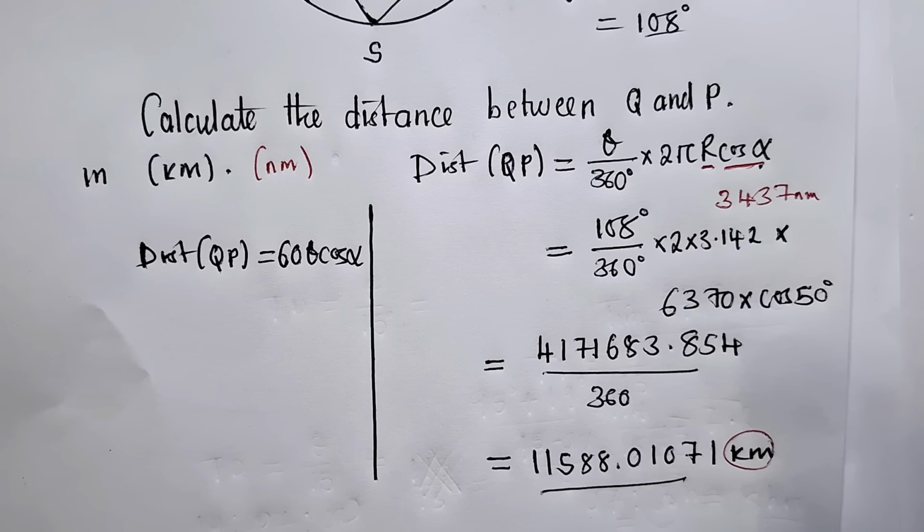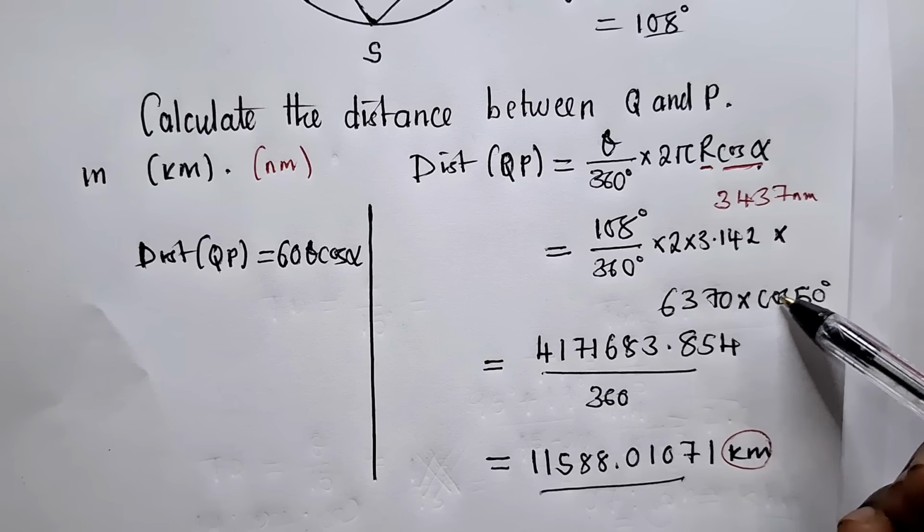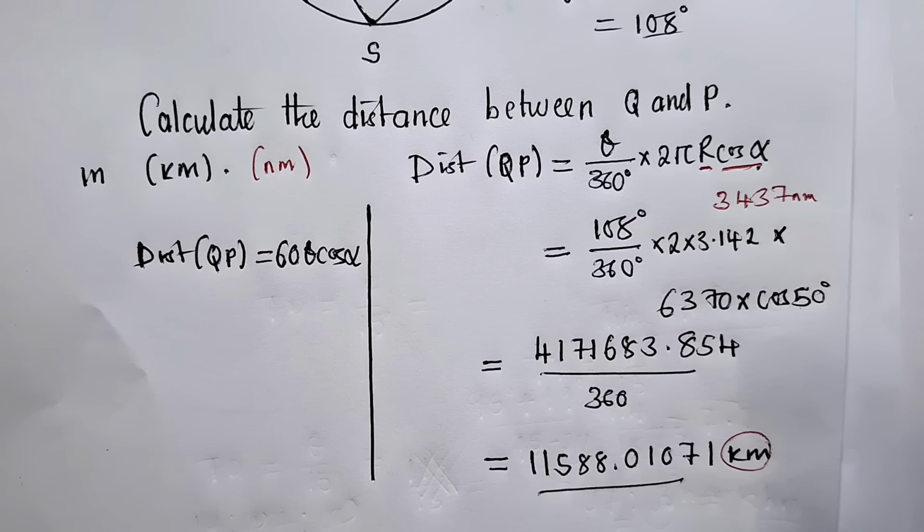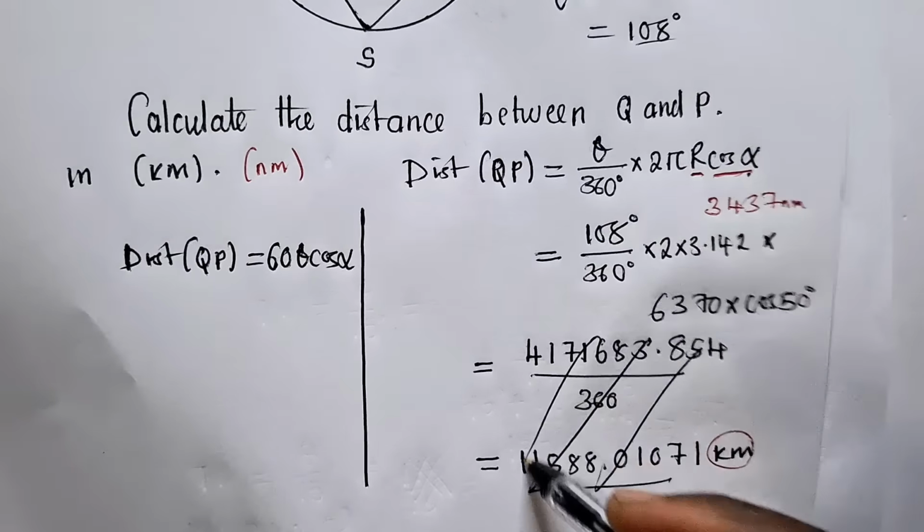So when we work out this, let me move with you from this point here because the calculator was not in degrees. 108 times 2 times 3.142 times 6370 times cos 50. So this one here, it was not okay.